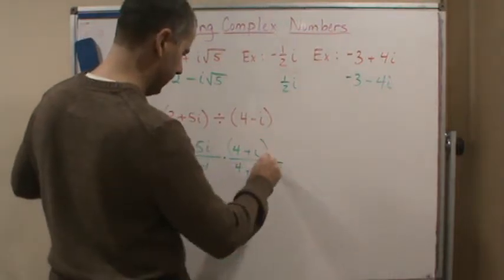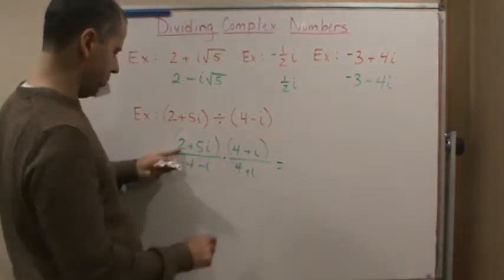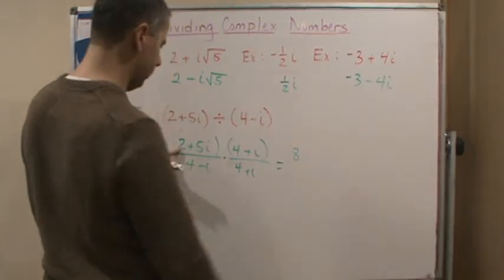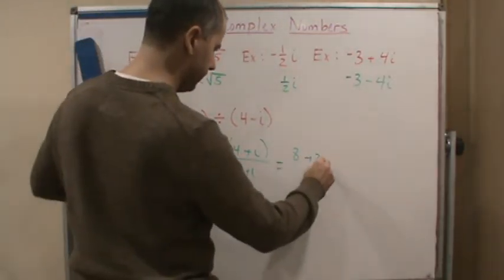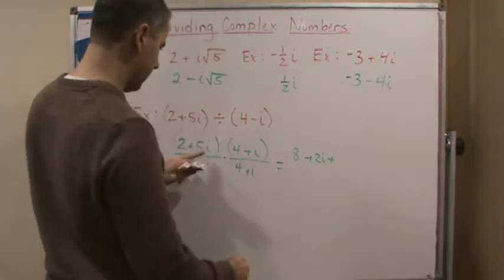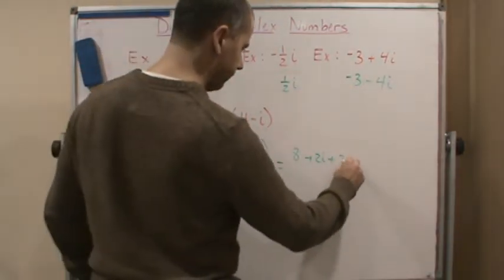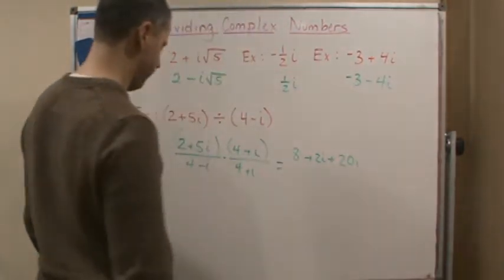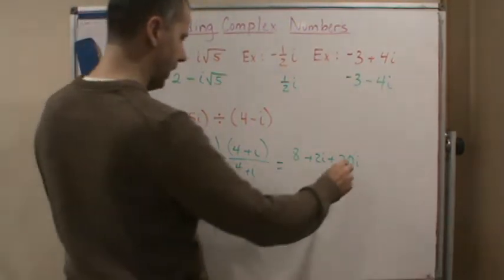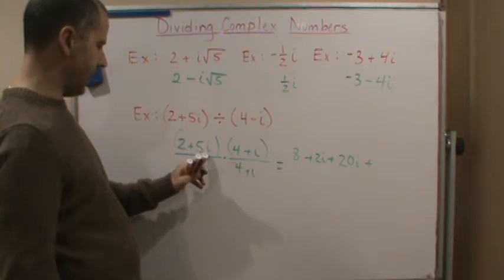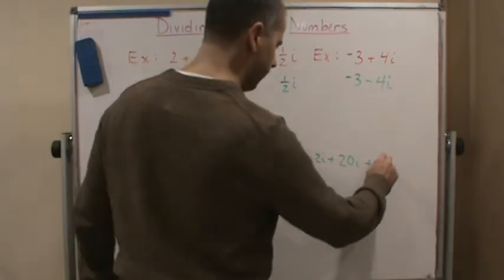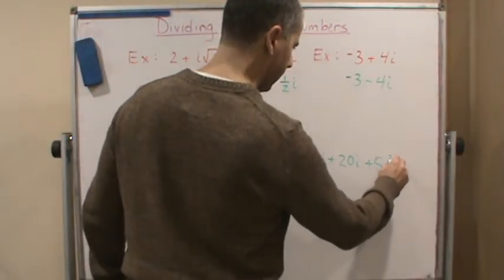This is going to be 2 times 4, so I'm going to get 8, plus 2i, plus 20i, plus 5i times i, which gives me 5i squared.